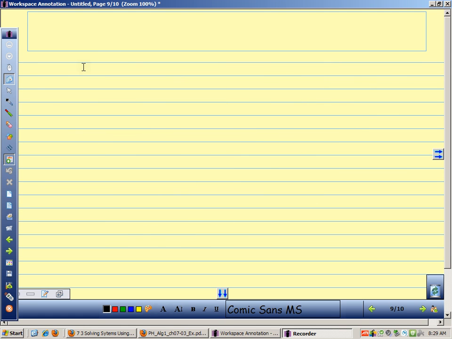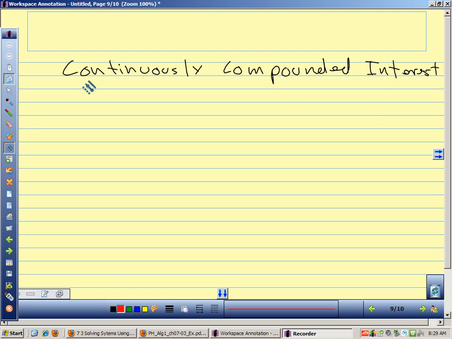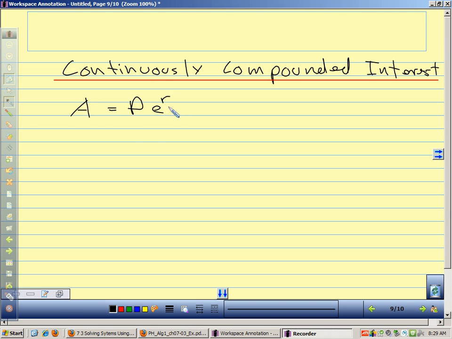So if we compound continuously, our amount equals P e to the rt, where e is the number that we talked about before, the 2.718 number.